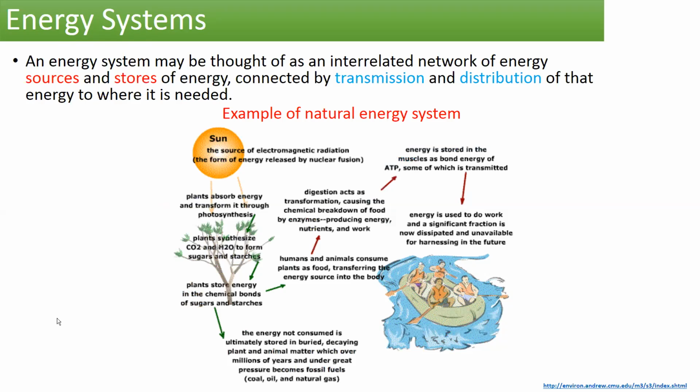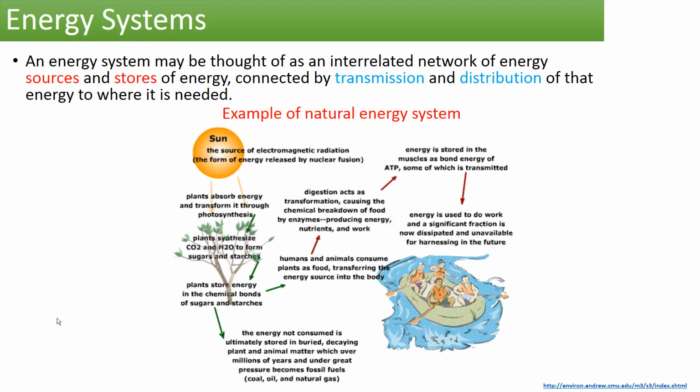Plants release CO2 in water and convert that energy into sugars as well. That's what a system is. The system has some inputs, some outputs, and some changes inside the system. The plants store energy in the chemical bonds of sugars and starches, so that energy can be used by humans later on when we eat that food.